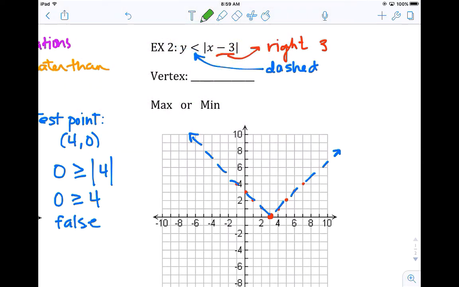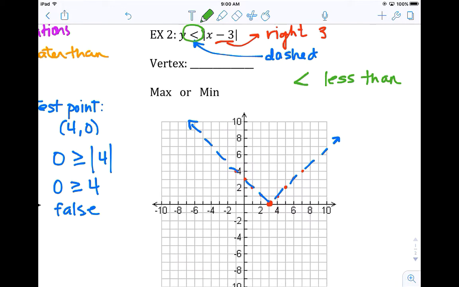Now we need to figure out where to shade. So going back to that inequality, this time our inequality is facing the opposite direction, so that is a less than sign. When we are given a less than symbol, that's telling us that all the y values that are part of our solution are going to be smaller than or less than our graph.